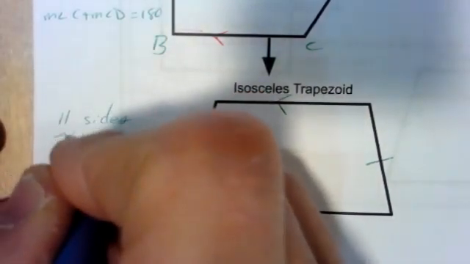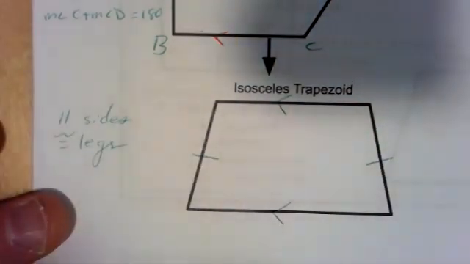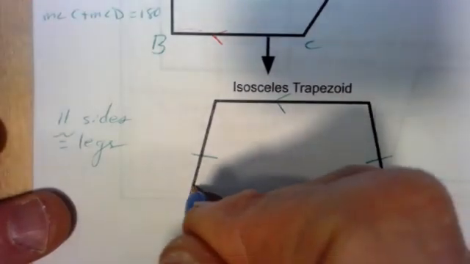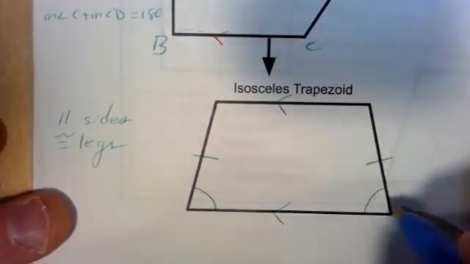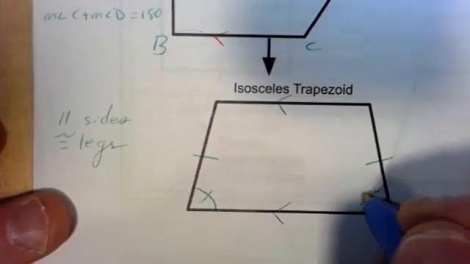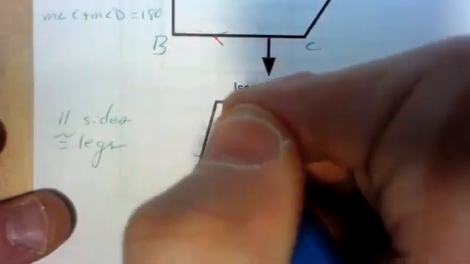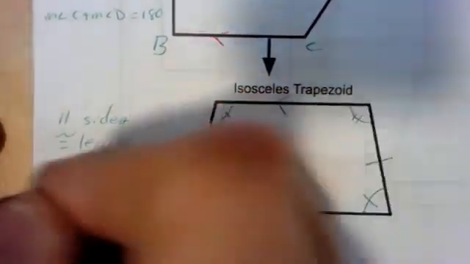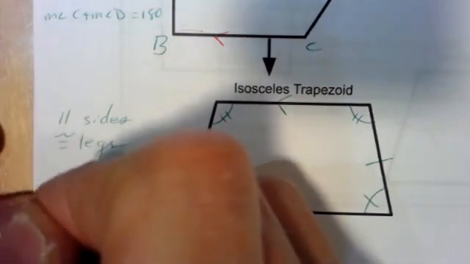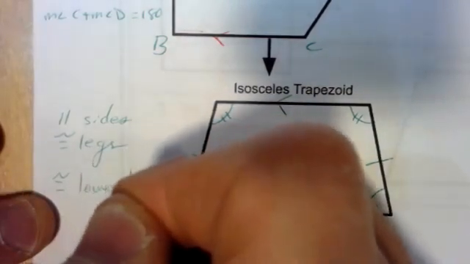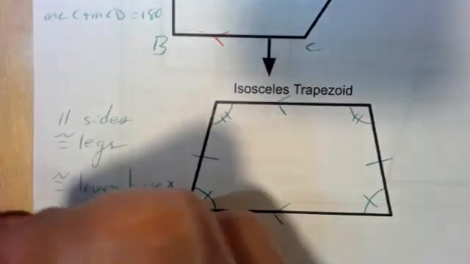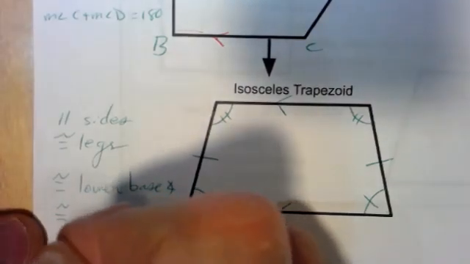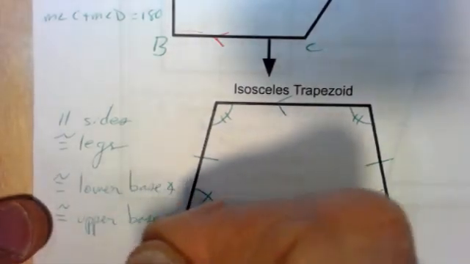In an isosceles trapezoid, we also know that the lower base angles, the ones that look the same, are congruent, and the upper base angles are congruent also.